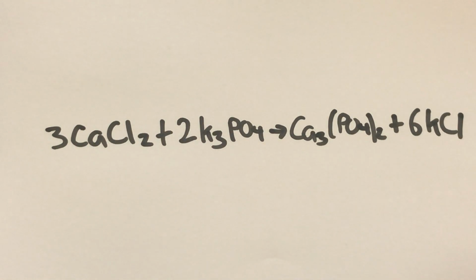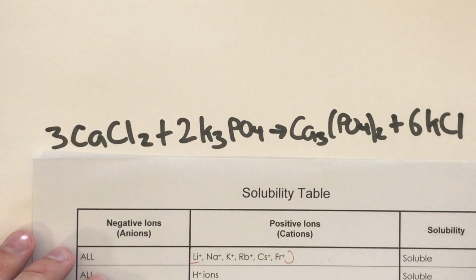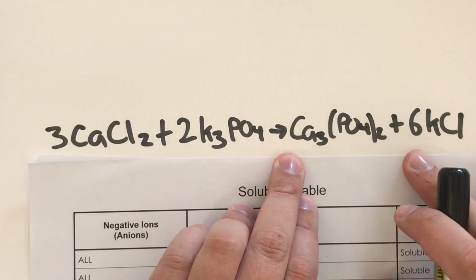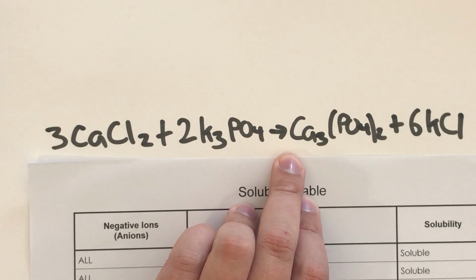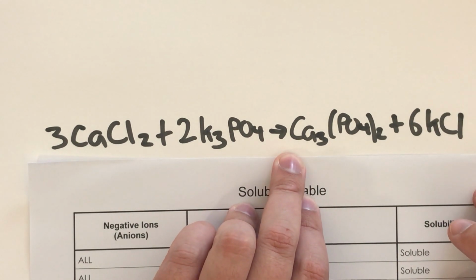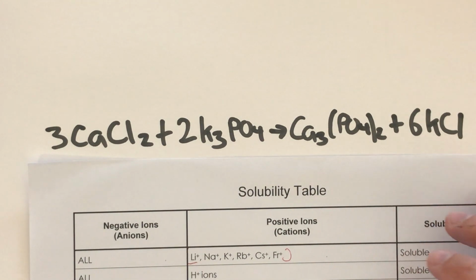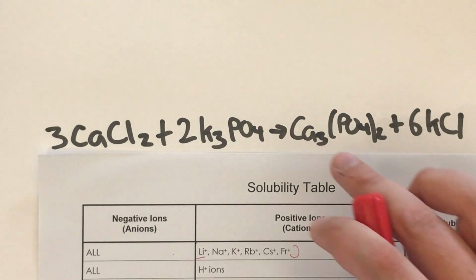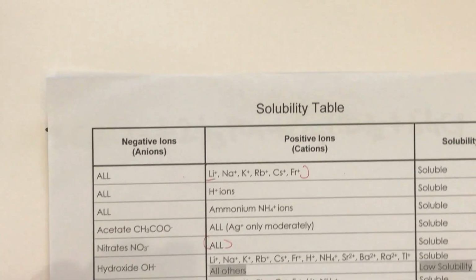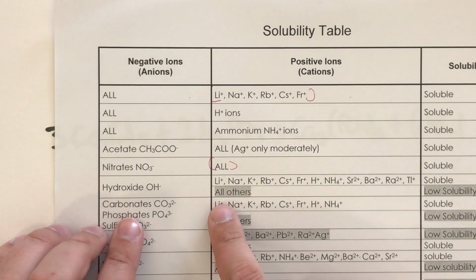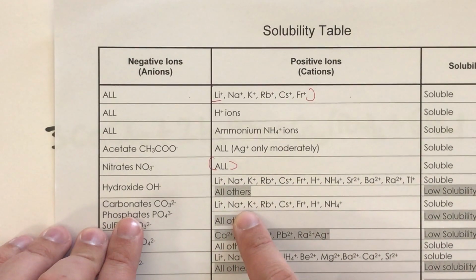So let's get our solubility table back out. And these are the products. These are the ones we need to determine if a precipitate was formed or not. So let's look at phosphate first of all. Phosphate, PO4. And in this case, it's calcium phosphate. So we look at the top line here, we're looking for Ca.